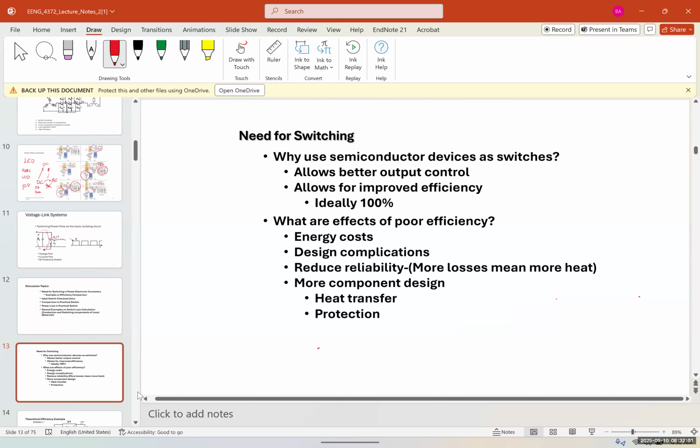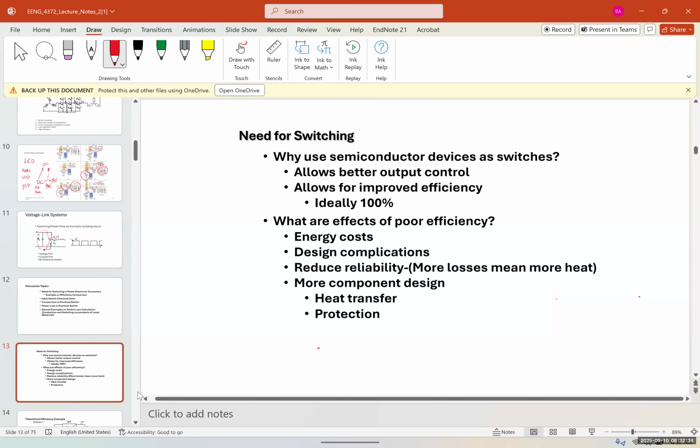We have energy costs and design complication, because when you have a lot of loss, you are going to generate a lot of heat, and therefore the parts should be further apart. You need a bigger board, you need heat sinks, you need a cooling fan, liquid cooling or air cooling. It's going to make it much more complicated.